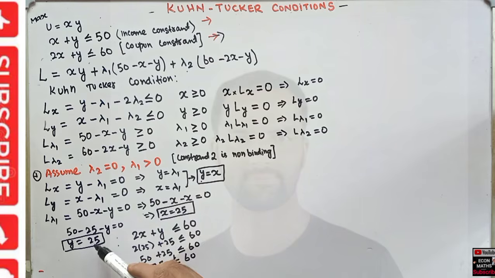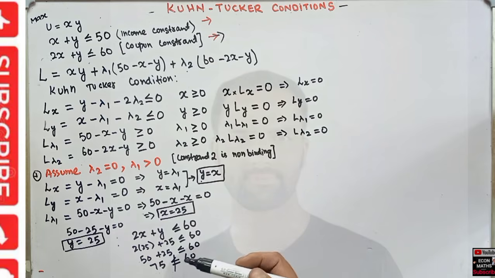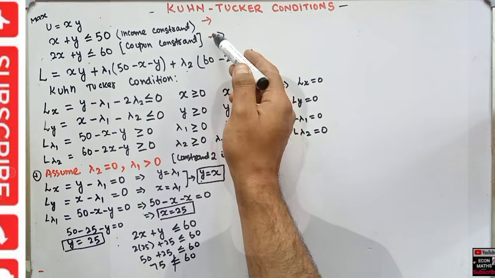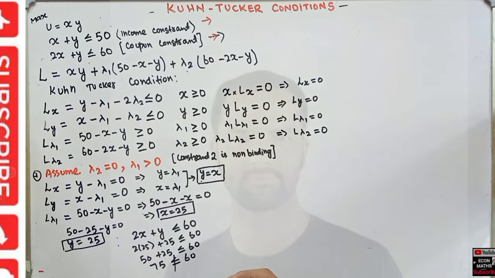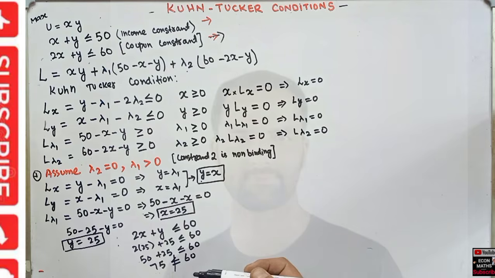After that we got the optimal values of x is equal to 25, y is equal to 25. Now we were to test whether our assumption was correct, that is, whether this constraint was not actually violated. And when we put x is equal to 25, y is equal to 25 in our second constraint, that is the coupon constraint, we see actually it was violated.